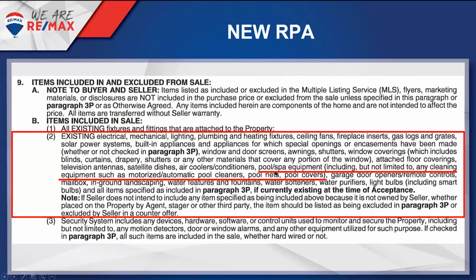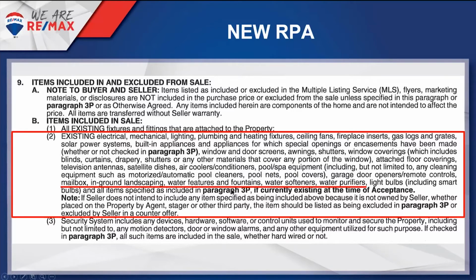This is also new. Pool and spa equipment was always part of it, but they've expanded that now, including but not limited to cleaning equipment, such as motorized and automatic pool cleaners, pool nets, pool covers, all the things associated with the pool, they're included. Garage door openers, remote controls, that's pretty much the same. Mailboxes, in-ground landscaping, always the case. Water features and fountains, that's always been a question.